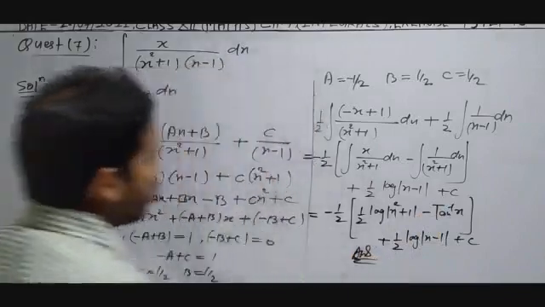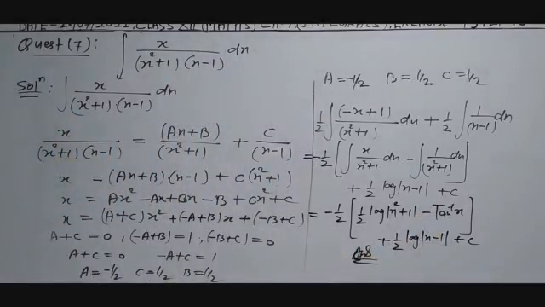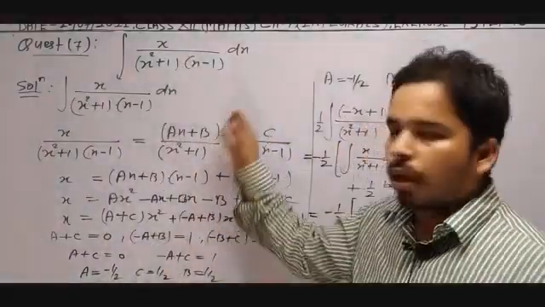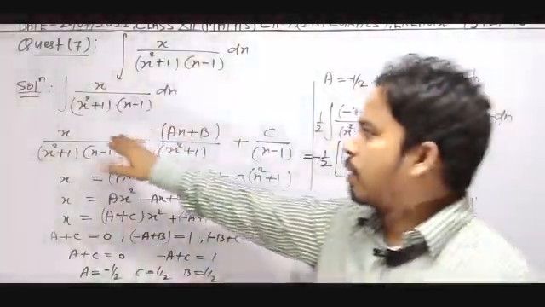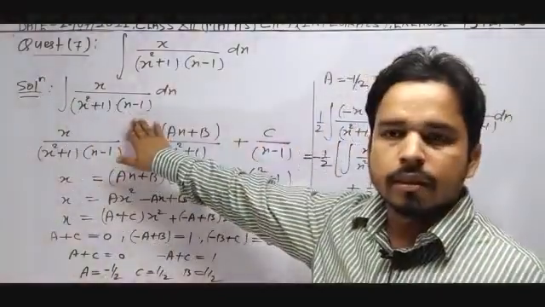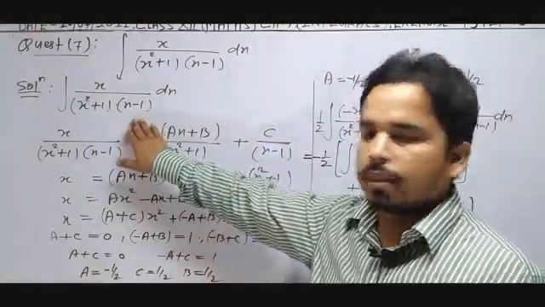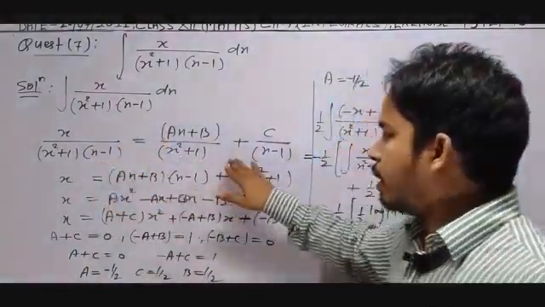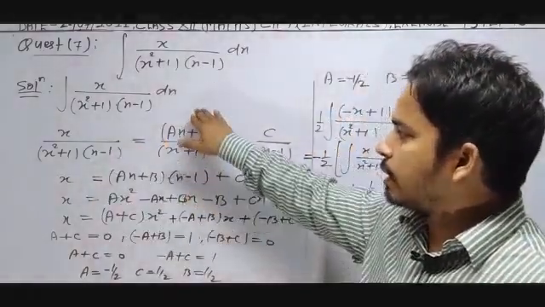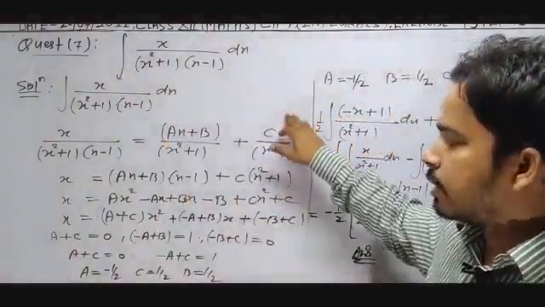Now question number 7 is totally completed. To solve this question, first of all you have to split by using the partial fraction method. In the partial fraction method, in case of quadratic you consider linear, and in case of linear you consider constant in the numerator.